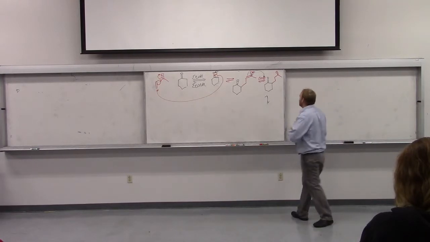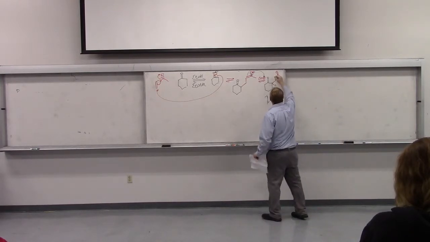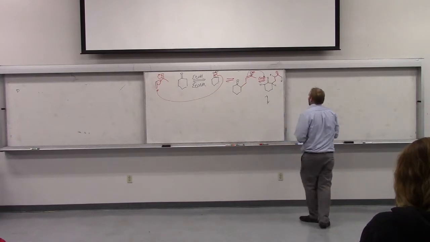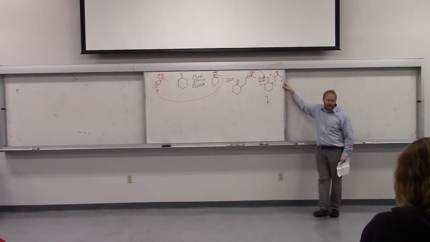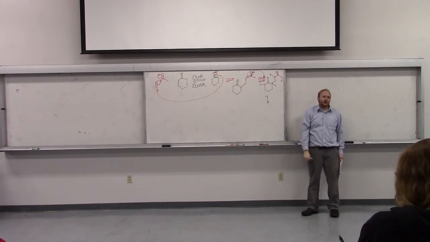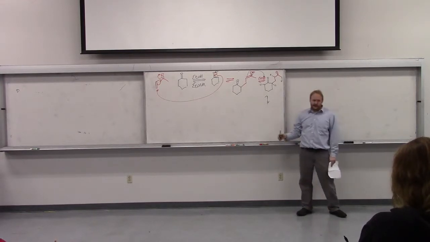We have this proton, this proton, this proton. So since these are all acidic protons, we can form an enolate by deprotonation of any one of these. And so that gives us 4 different possible products.